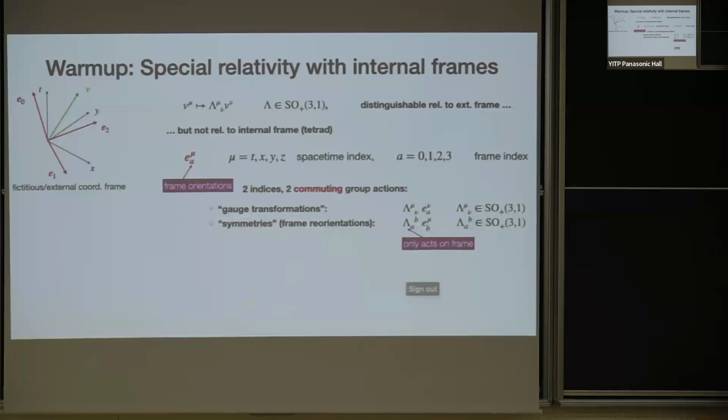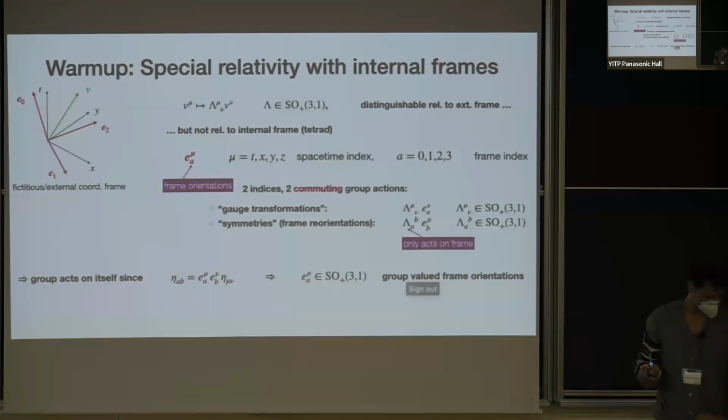It changes the relation, for instance, between the frame and the velocity that we want to describe. Now, of course, when you look at normalizations of tetrads, it satisfies this condition here. And this means in particular that these tetrads are group valued. They're valued, for example, in the Lorentz group itself. So in that sense, they're actually group valued reference frames.